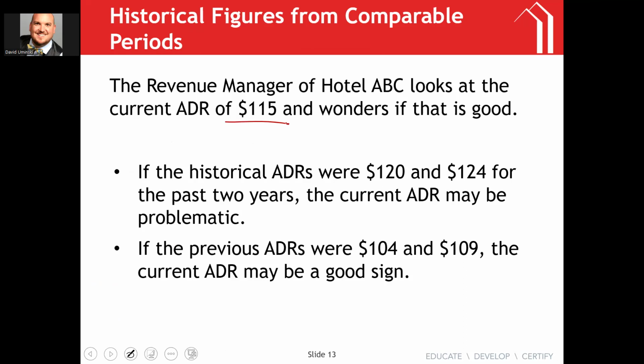If I look at my historical information and my historical ADRs were 120 and 124, then my ADR is not good. In the past, if my ADR was higher, then that 115 is not a good thing, okay? If they were lower than that, then that means I'm in a good spot. So we can look historically at what I was at in order to see whether that dollar amount, that ADR, is good or bad. And again, this is all internal. I have access to all this data.